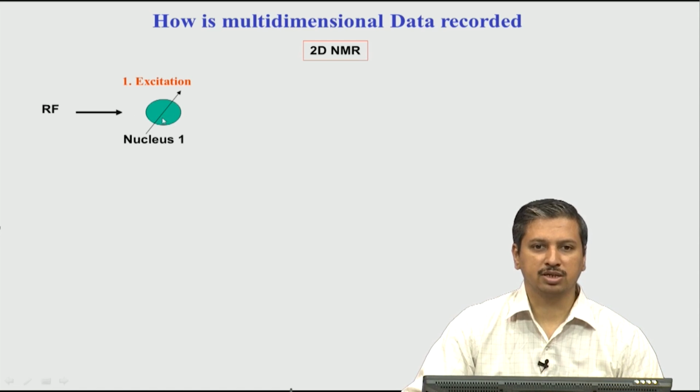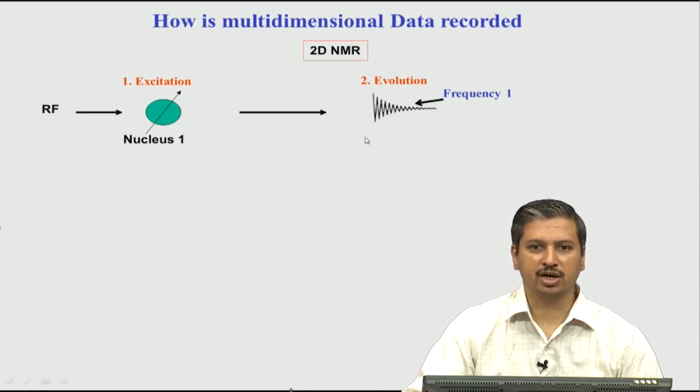You apply the excitation pulse on that nucleus, and after the pulse is removed, like we saw in the 1D, the system starts to relax back to equilibrium, and during that period again there is an oscillation. In 1D NMR we captured this as an FID, but in 2D we do not do that. You do not take the FID at this stage; you let it evolve, let it oscillate in the xy plane and let it decay.